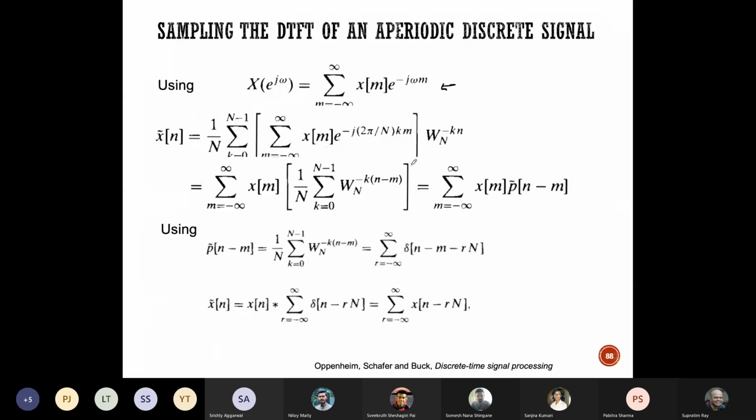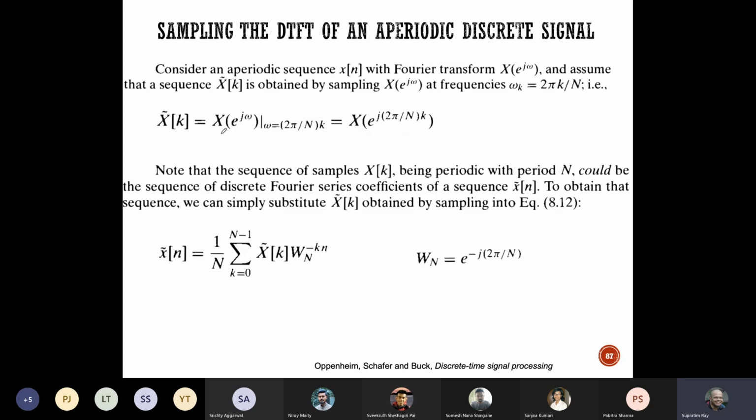Here. And now X[k] by definition is just the kth sample between 0 and N of this function. Sorry, between 0 and 2 pi.